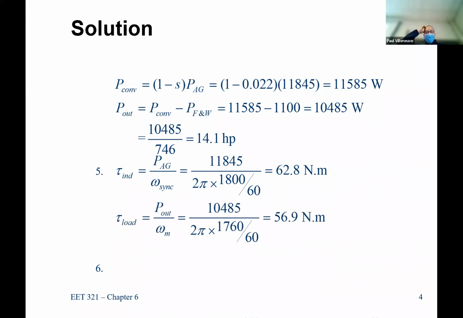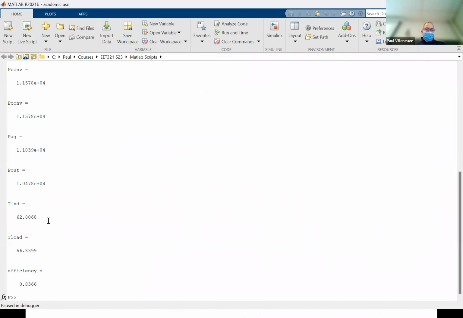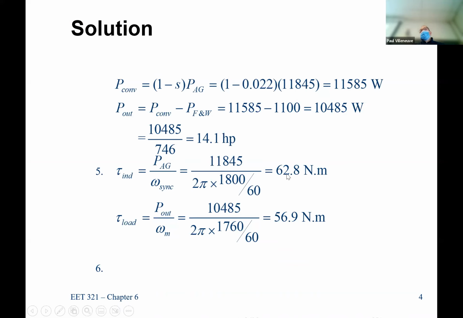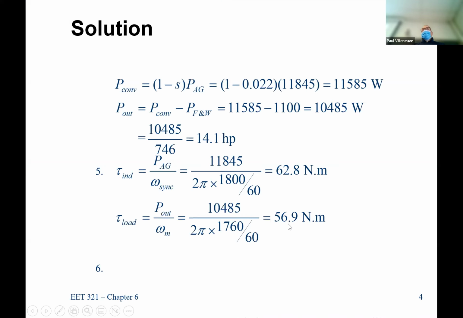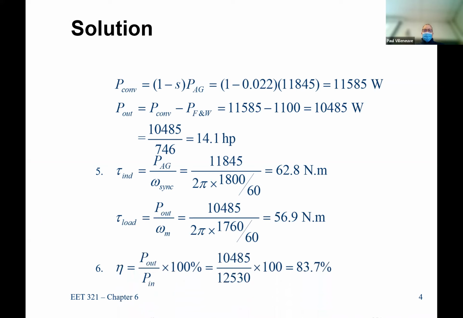Then my load torque is going to be my output power divided by omega sub m. So this is 62.81, 62.8. And then my induced torque, 56.84 versus 56.9. Then my efficiency is 83.7%.